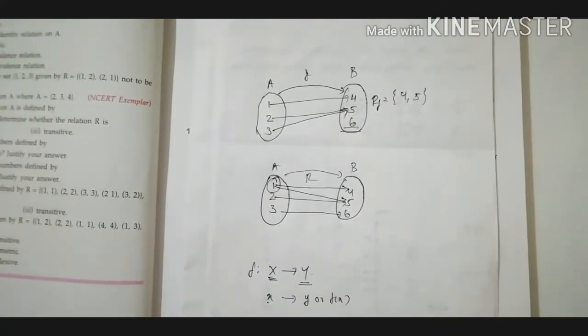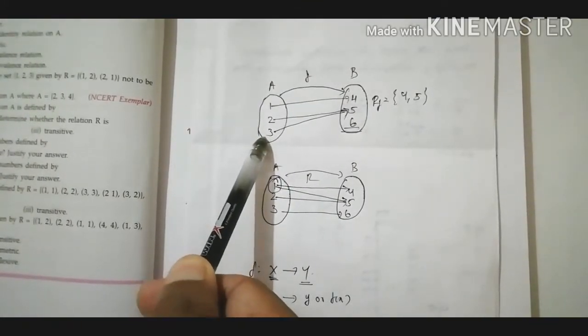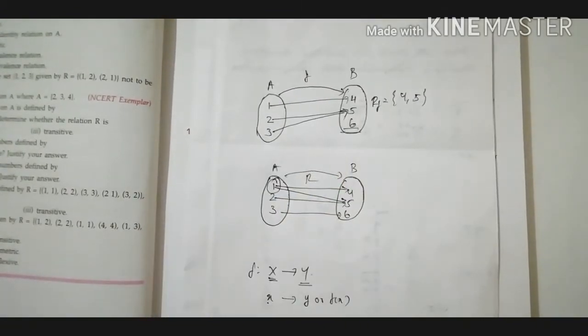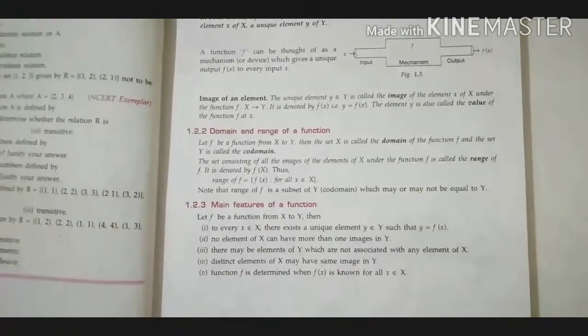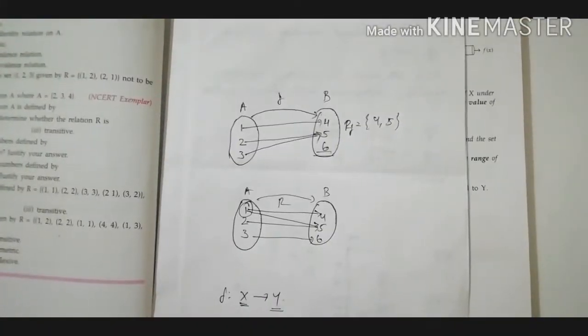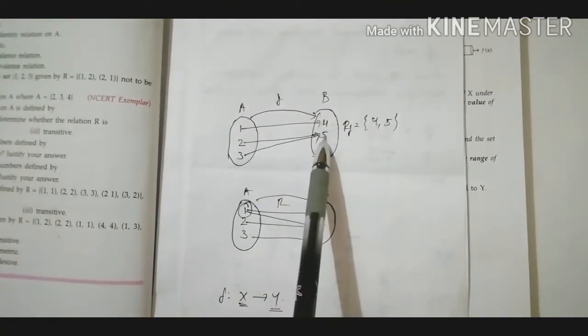The condition is that all the elements of X, that is, all the elements of the first set, must have a unique image in the second set. And the next thing: distinct elements of X may have the same image in Y. That means in the same example we can see the images of 2 and 3 is 5.